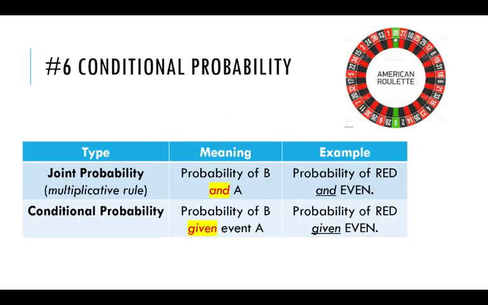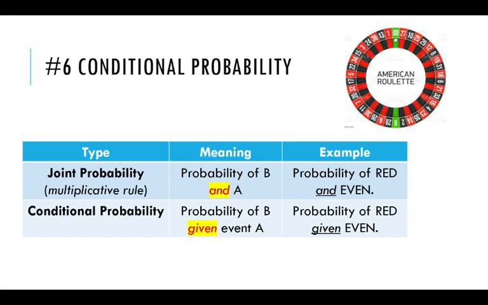When we looked at a joint probability, and remember we did that using that multiplication rule, we were asking the question, what's the probability of B and A? In other words, the probability of red and even. So we're going to spin our roulette wheel once. What's the probability of meeting both of these conditions together, red and even?